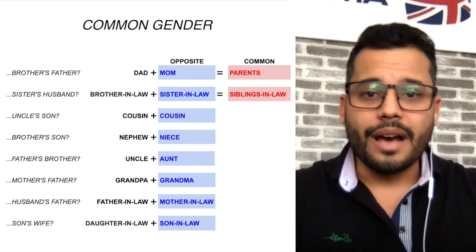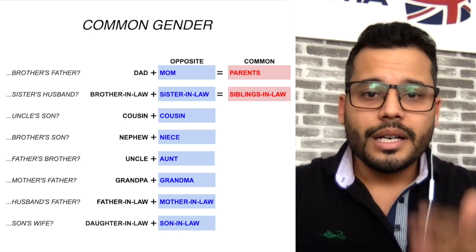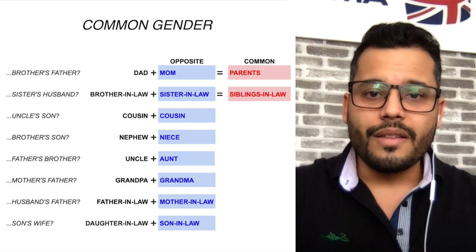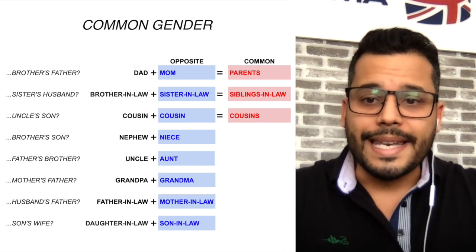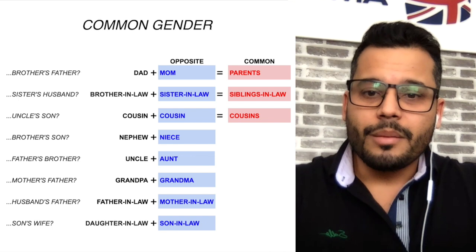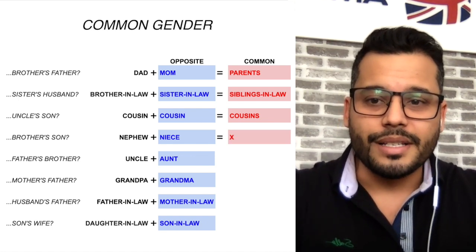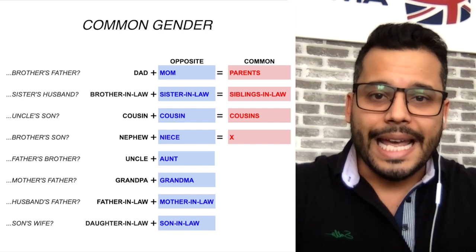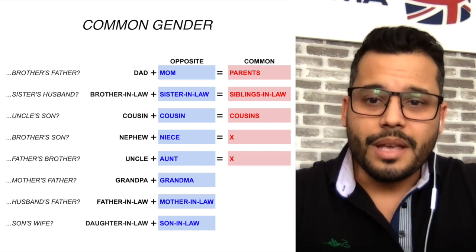The next one we have is cousin. So let's check the common gender for cousin. Cousin plus cousin equals two cousins. The next one, nephew plus niece equals, it doesn't exist, okay? It's impossible, it doesn't exist. Uncle plus aunt equals, it doesn't exist as well, impossible.